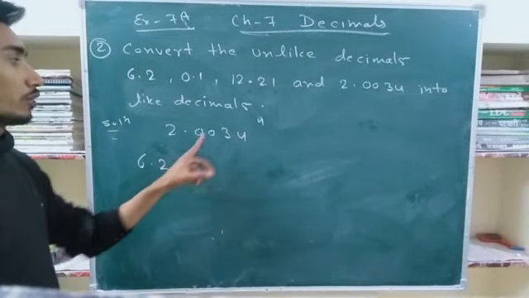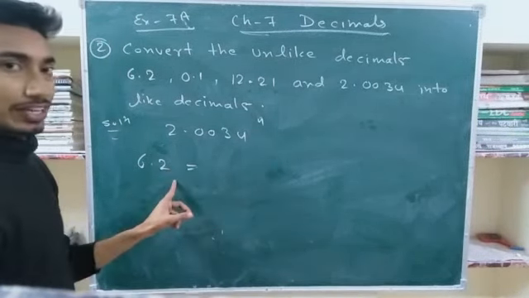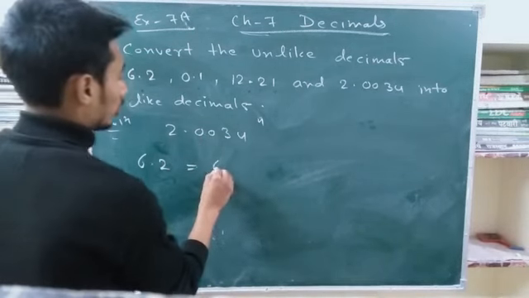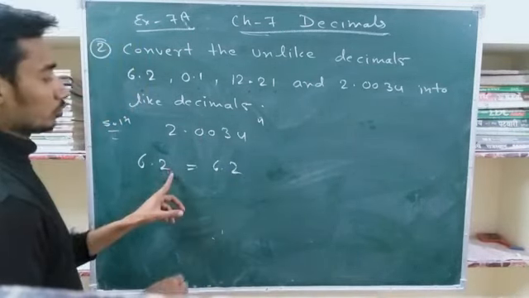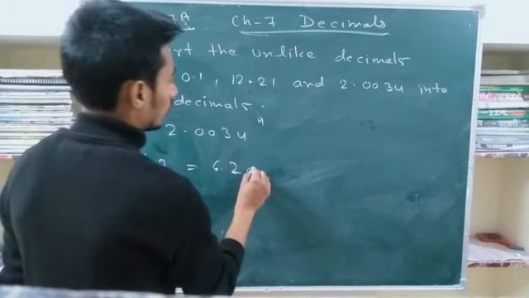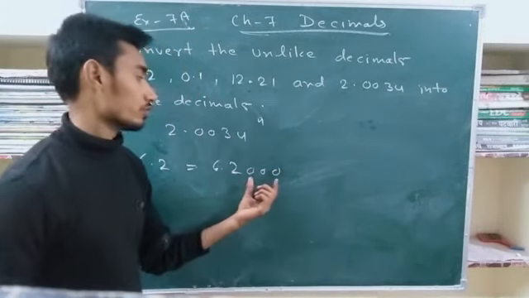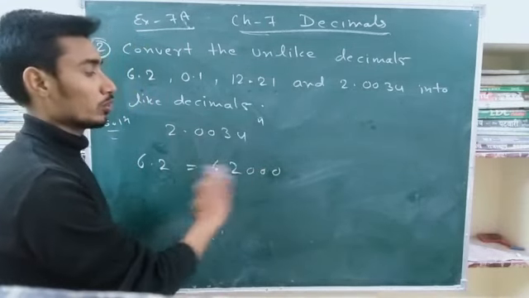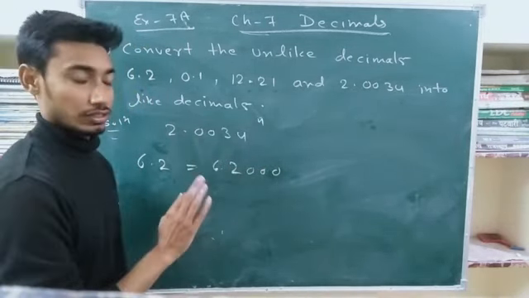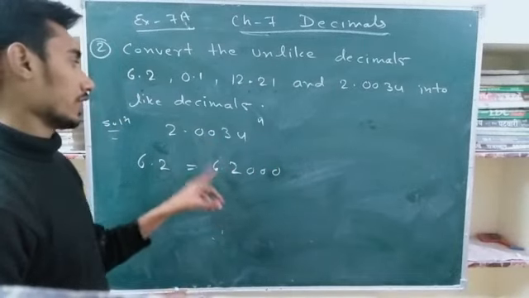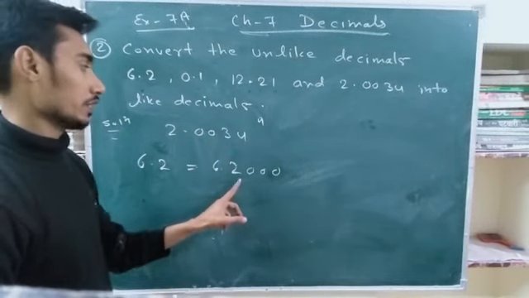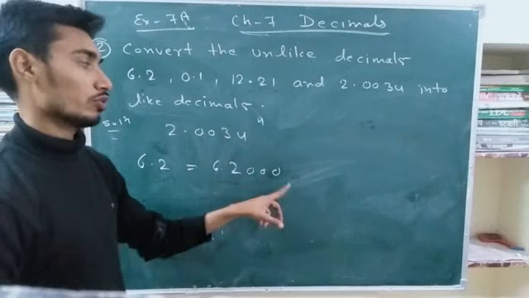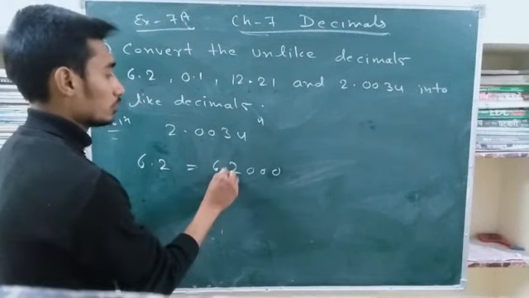If we want to convert into like decimals, write 6.2 and put 3 zeros on the right hand side of 2. 1, 2, 3. If you write zeros on the right hand side of this number, there will be no effect. The number will not change. So this is called like decimals. Here there are 1, 2, 3, 4 numbers, and here also 1, 2, 3, 4 numbers: 6.2000.